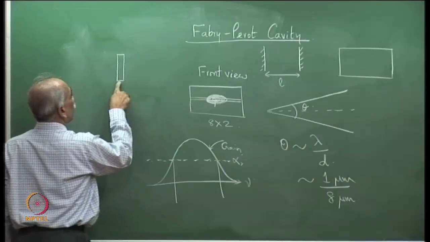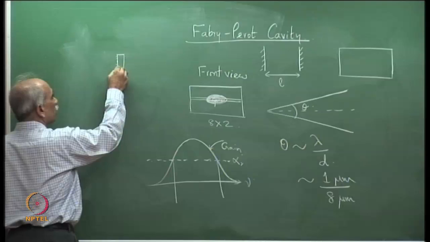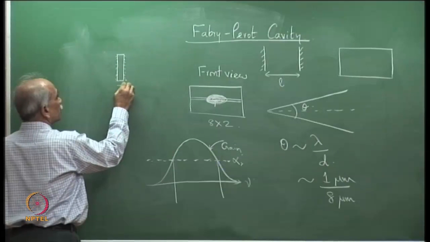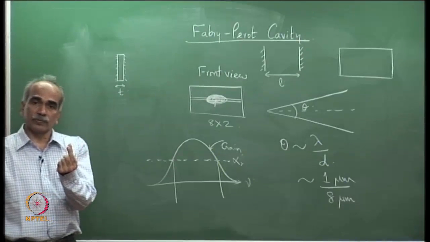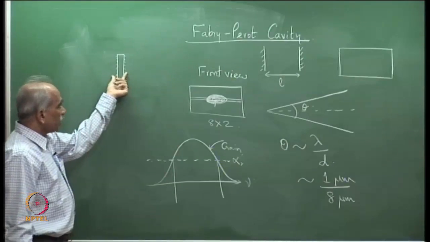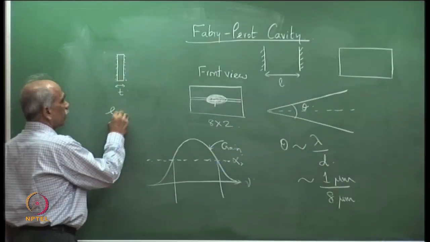For example, on a parallel glass plate, you deposit highly reflecting coatings. This is a glass plate of fixed thickness T with high reflecting mirrors coated. This is a fixed separation Fabry-Perot cavity. This is called an etalon.